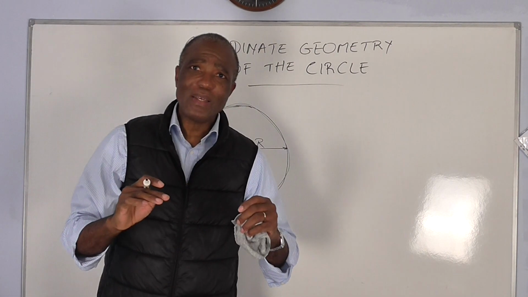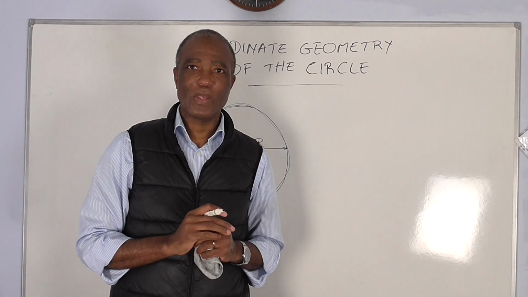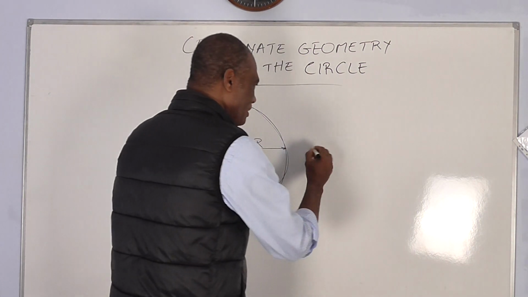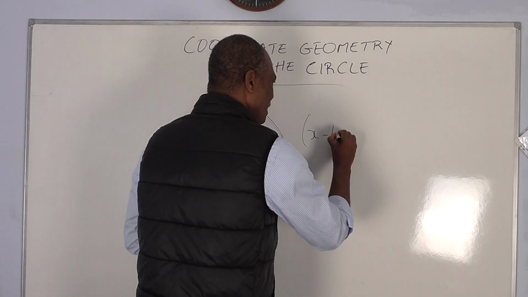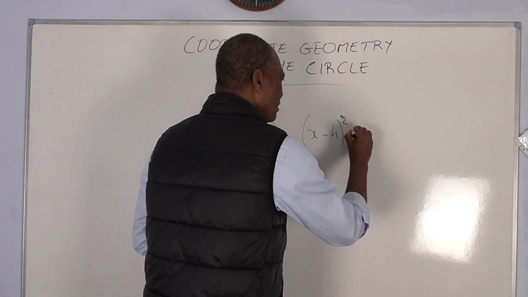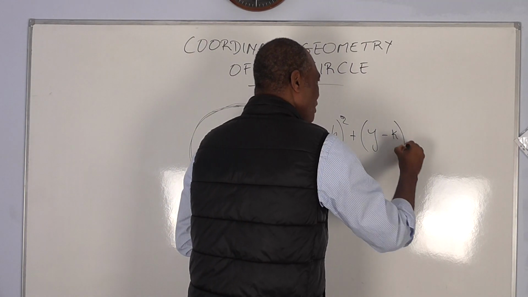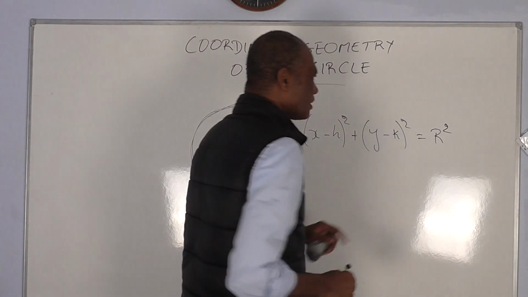So there is a general equation that is given by (x minus h) squared plus (y minus k) squared is equal to r squared.